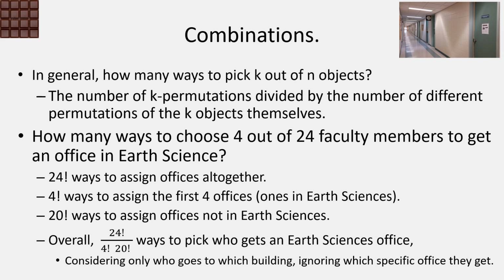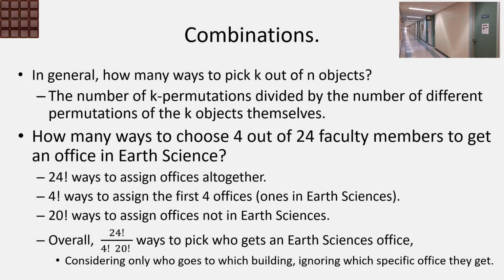There are 24 factorial ways to assign offices when we care who gets each office. 20 factorial ways to assign offices in engineering, 4 factorial ways to assign the offices in earth science. Well, and now our final answer is 24 factorial divided by 4 factorial.